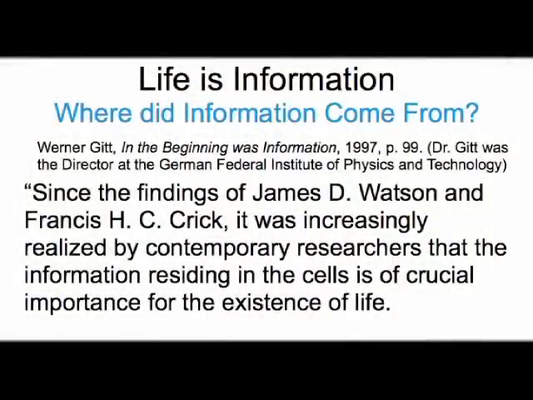And this is a quote from Werner Gitt in Germany. Since the findings of James Watson and Francis Crick, who solved the DNA structure and the Watson and Crick base pairing, it was increasingly realized by contemporary researchers that the information residing in cells is of crucial importance to the existence of life. Okay?